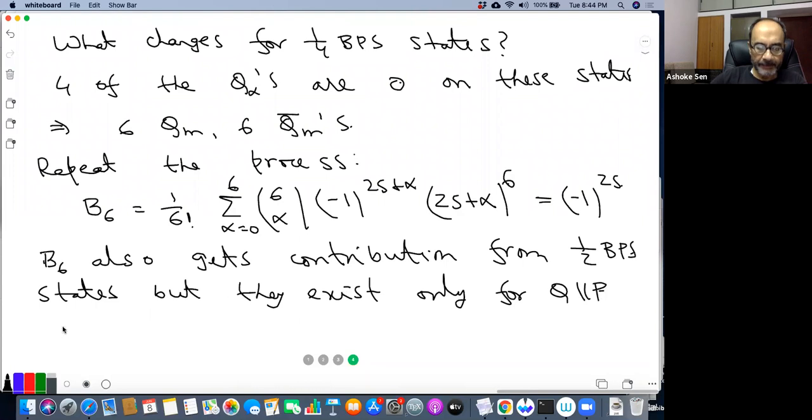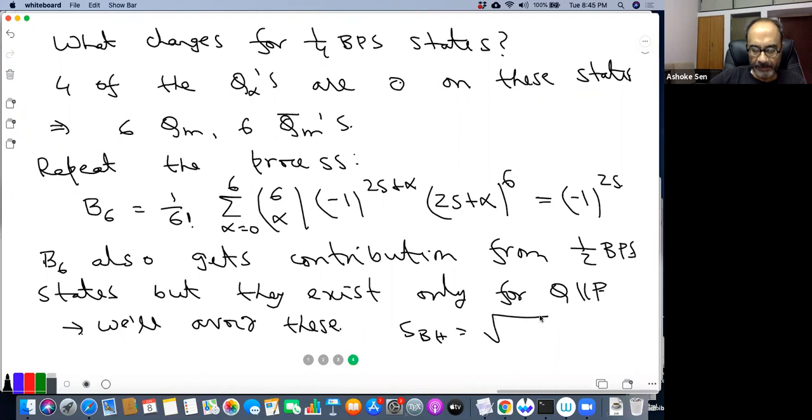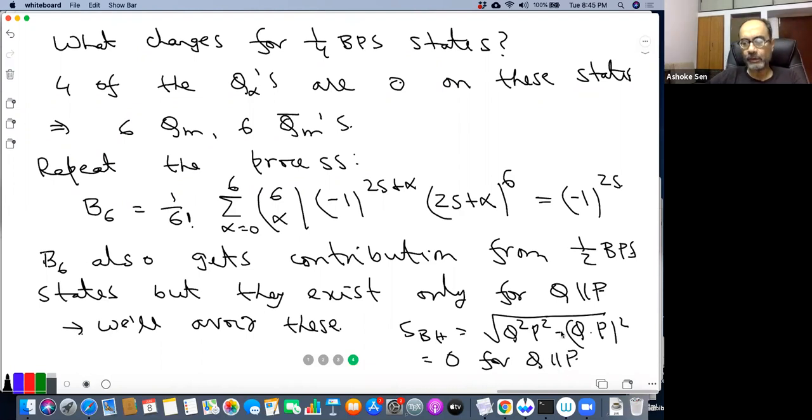And we will avoid this. Because in any case, the classical black hole entropy, which is q square p square minus q dot p square, is 0 for q parallel to p. So if you are just looking at the regular black hole solutions, then these don't correspond to black holes at all.